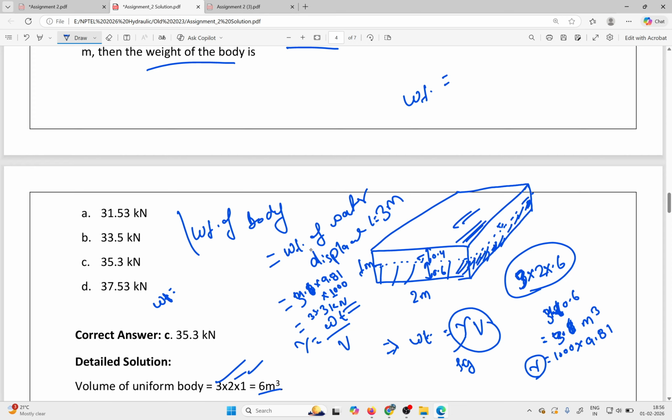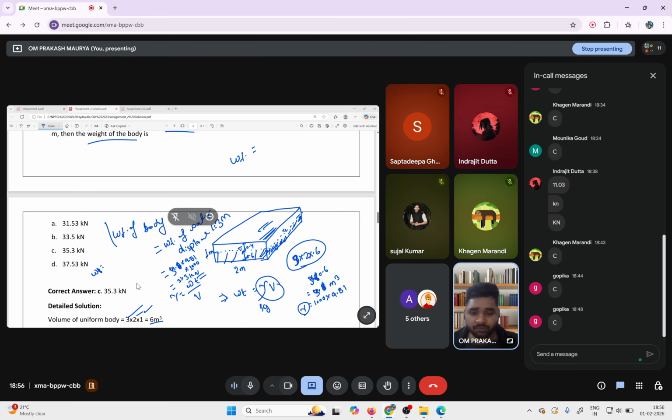That's why we have equated it with the weight of water displaced. So now in a very simple way, I hope you all got it. If you got it, you can say yes, please. I'll move very fast with other questions. Please say yes, anyone? Very important question, a conceptual question also. Okay, fine.